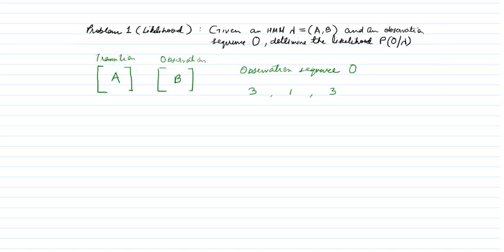So given these observations and given the HMM, what is the likelihood of this observation? We need to calculate the probability of 3 1 3 given lambda.